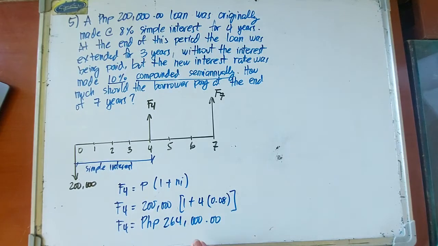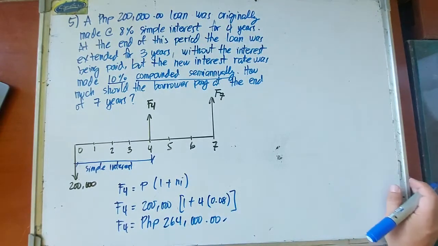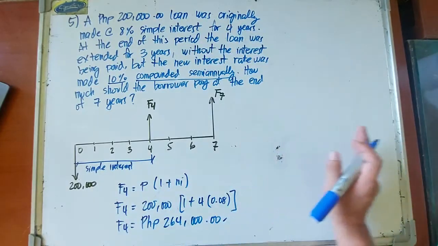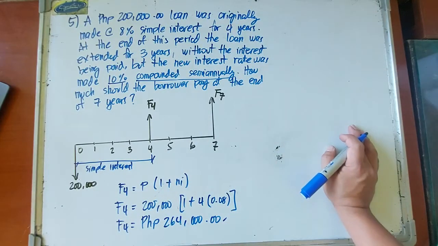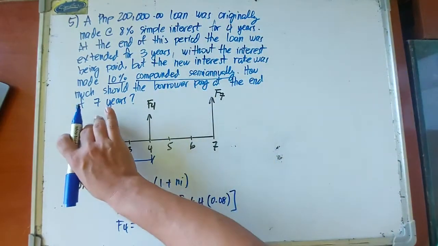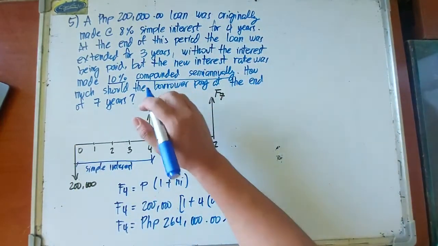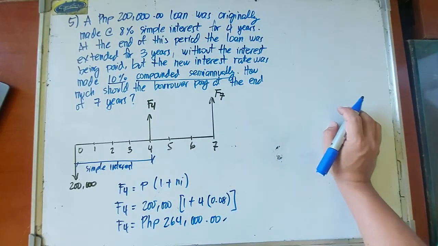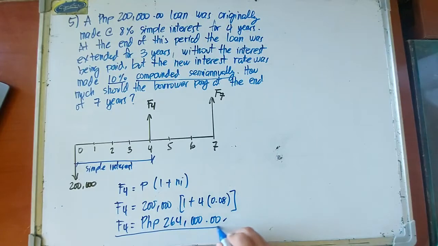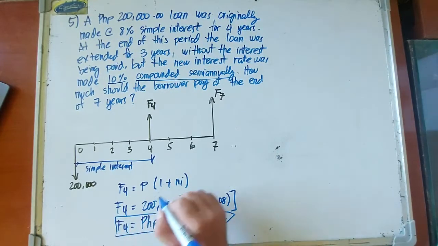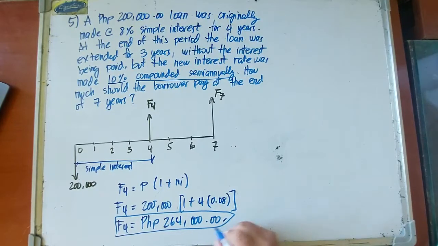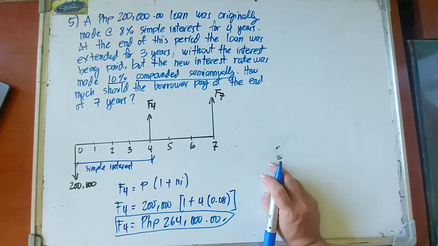The borrower could not pay, so they extended it to 7 years, a 3-year extension, and they agreed that the new interest is 10% compounded semi-annually. Using this amount, not the initial 200,000, our amount after 4 years is now our principal.